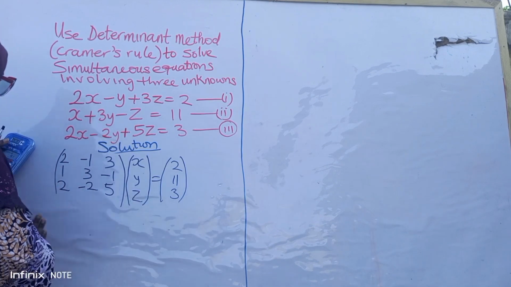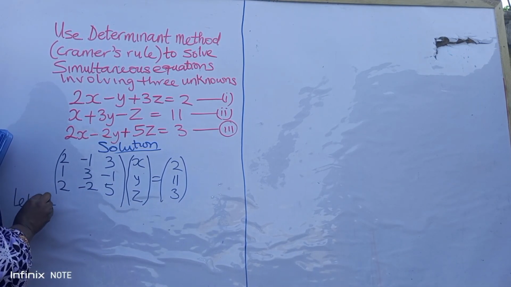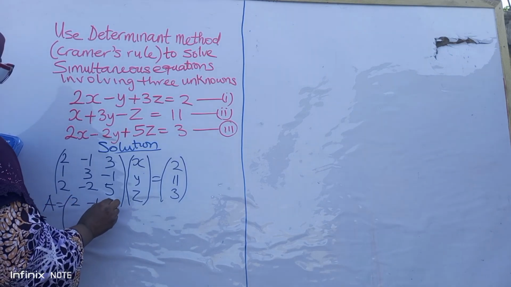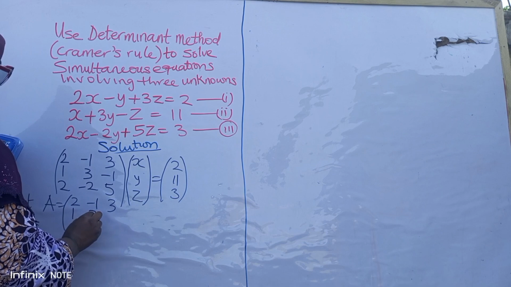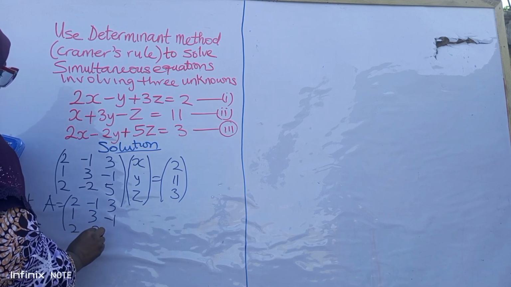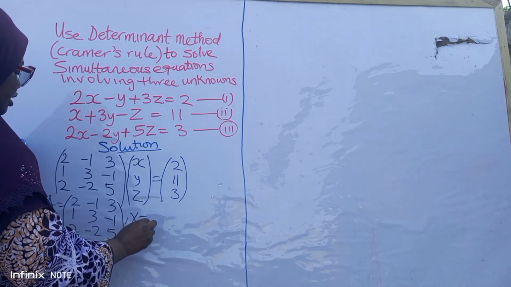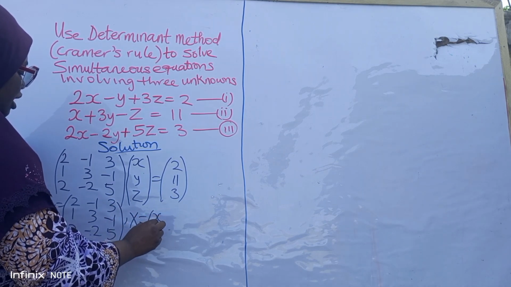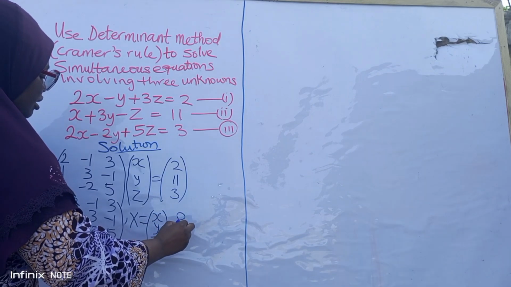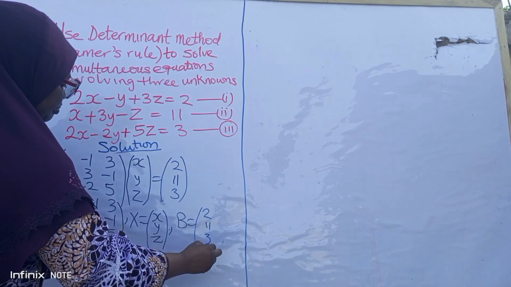So now, let A be equal to 2, minus 1, 3, 1, 3, minus 1, 2, minus 2 and 5. Let capital X be the unknowns, x, y, z. And let B be the constant, that is the answer.